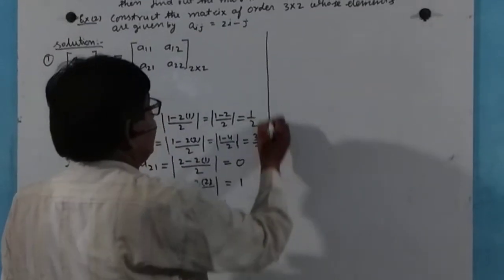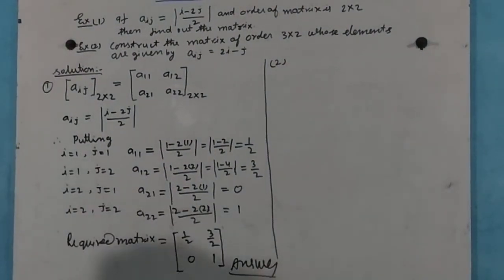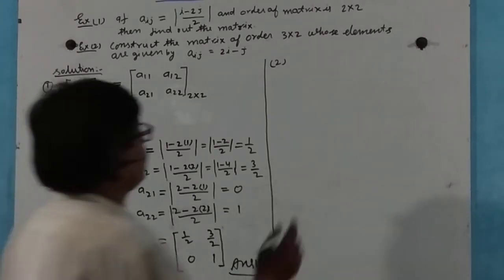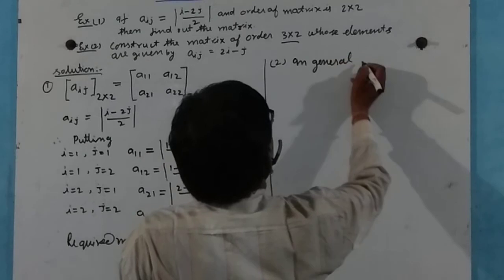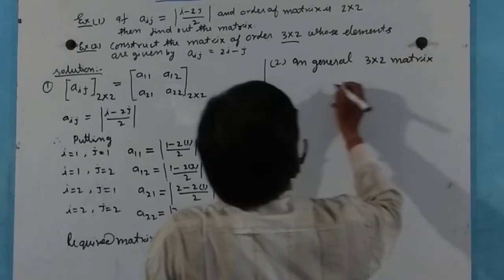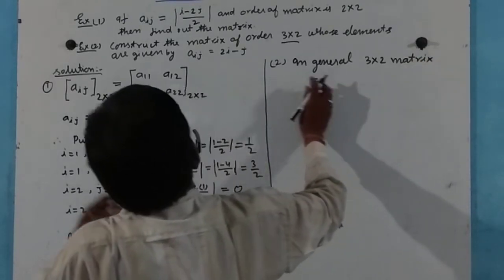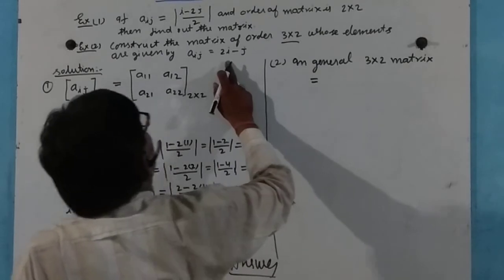Now for the second question, construct the matrix of order 3 cross 2 whose elements are given by Aij equal to 2i minus j.